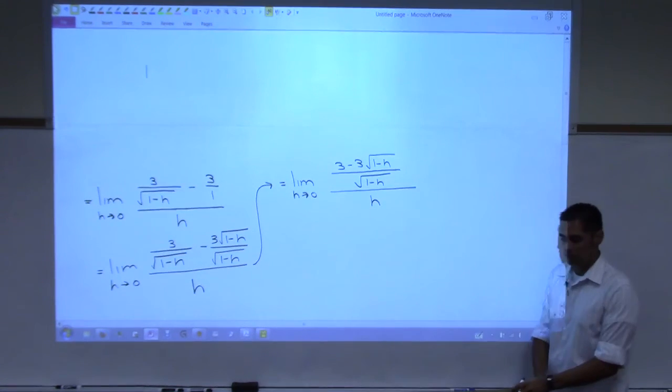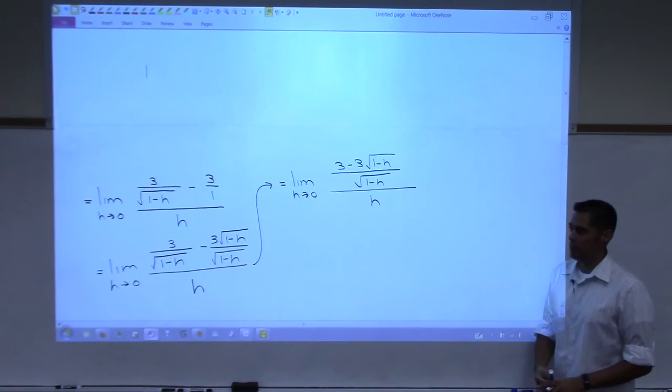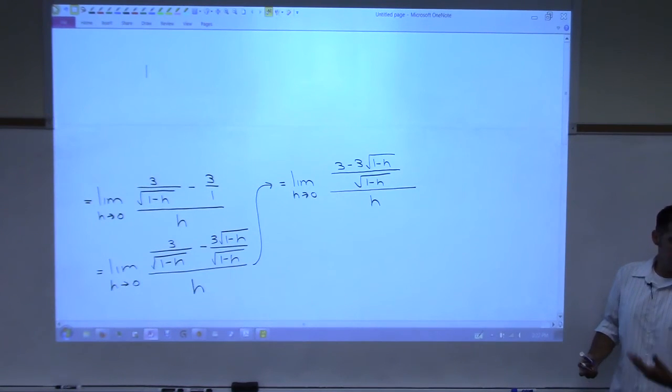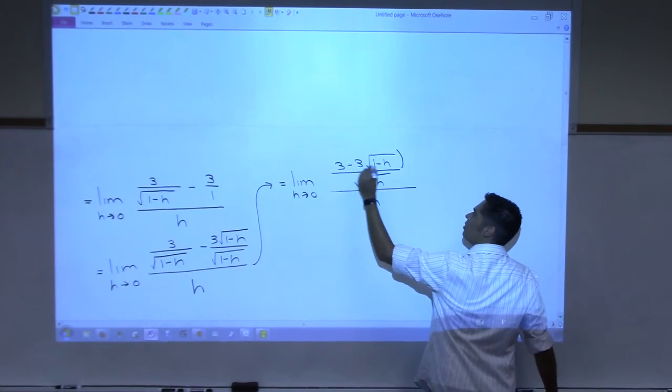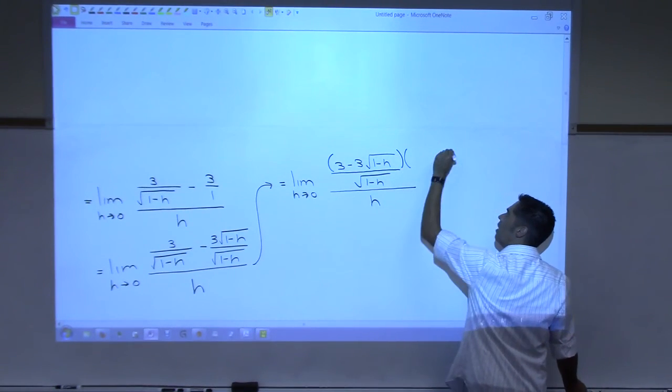So, conjugate, right? That was one of the techniques that we learned. If we saw roots, we can try this conjugate. So I'm going to introduce over here a 1.